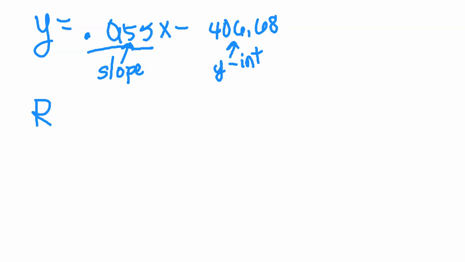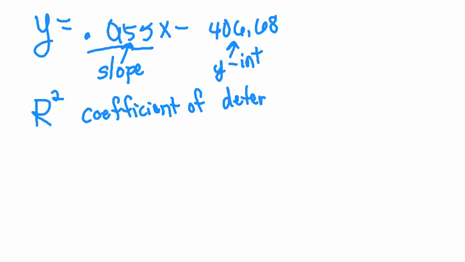R squared, let's talk about R squared. R squared is called the coefficient of determination. And in our case, R squared is 0.945.